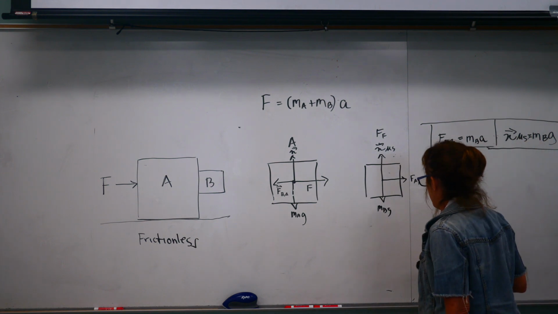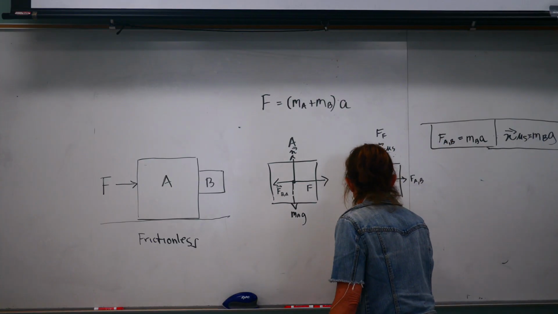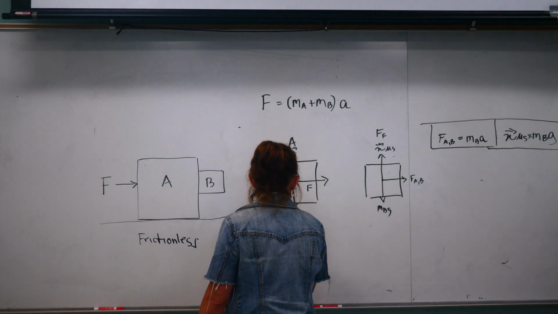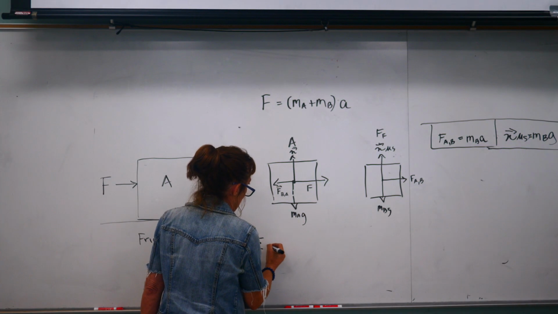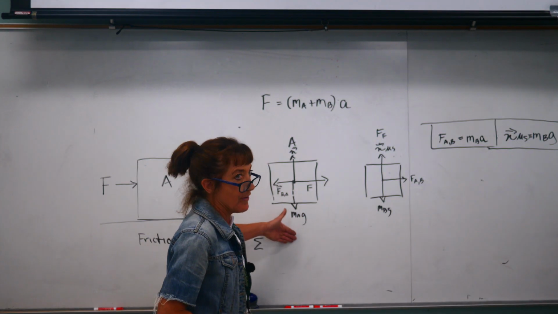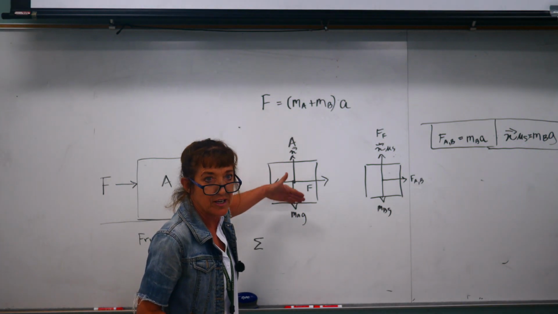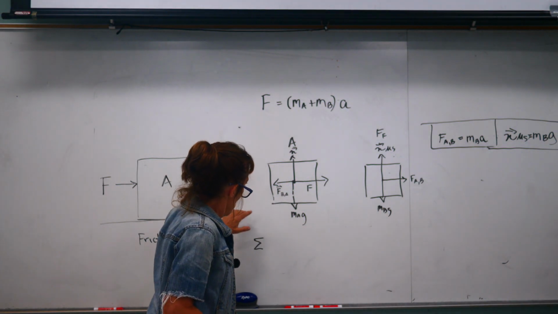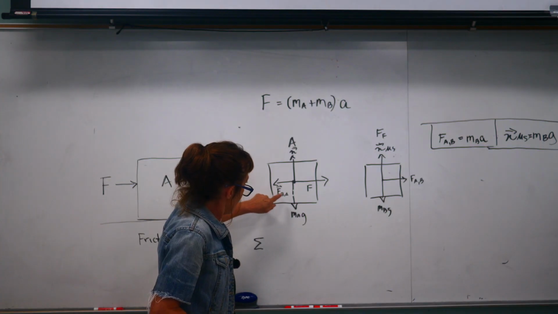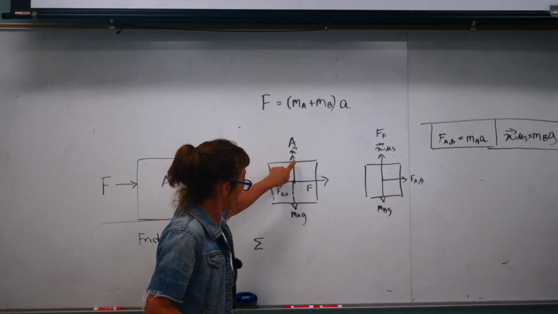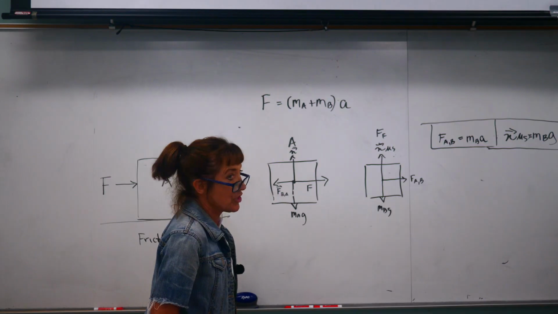Okay. So we also know that the sum of the forces here, these two forces do not give us any useful information, right? This whole block doesn't really give us much useful information.